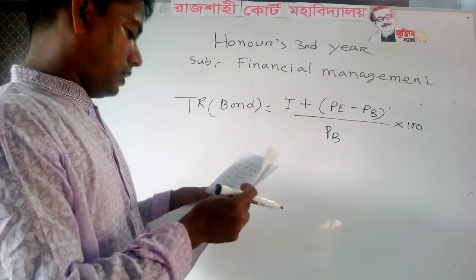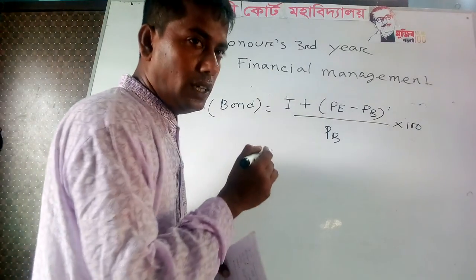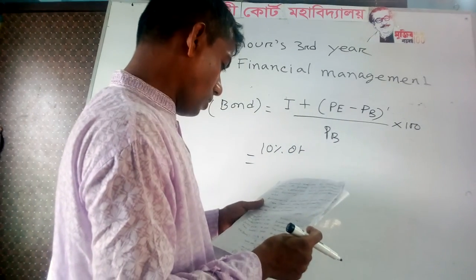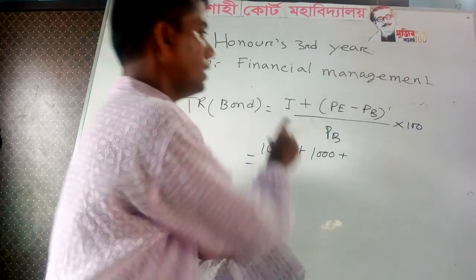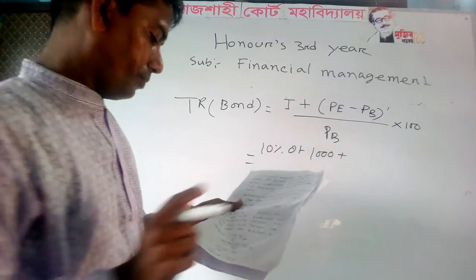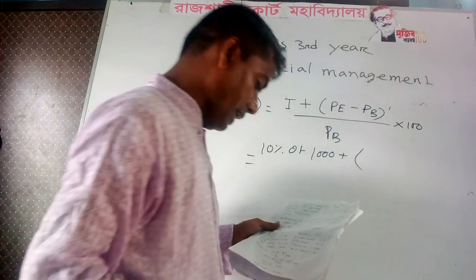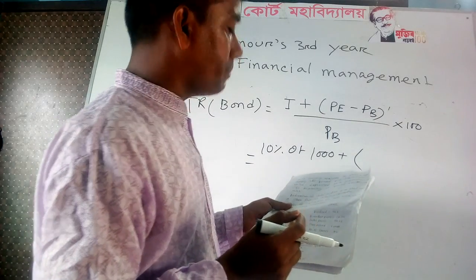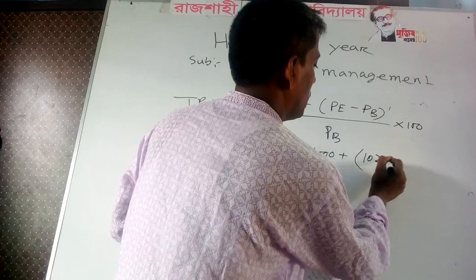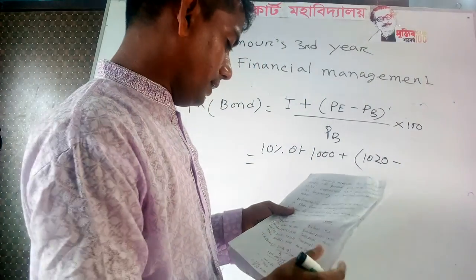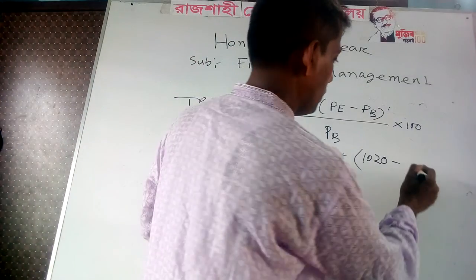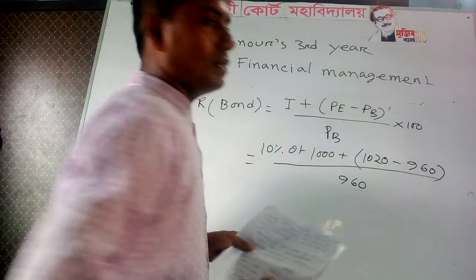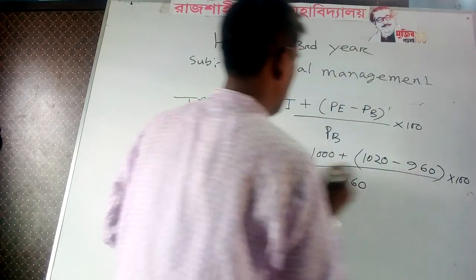In this problem, interest is 10% of face value, plus PE. We know PE is the sales price, 1020, and purchase price 960, divided by purchase price into 100.